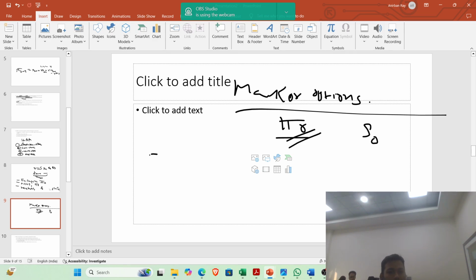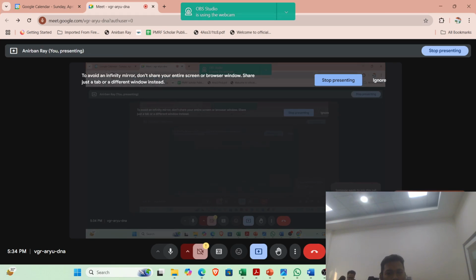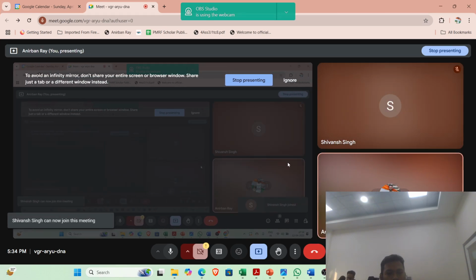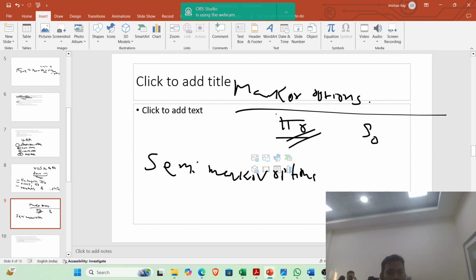Following up on that, we have semi-Markov options. I was covering Markov options: the policy pi 0 is only dependent on the state S0.